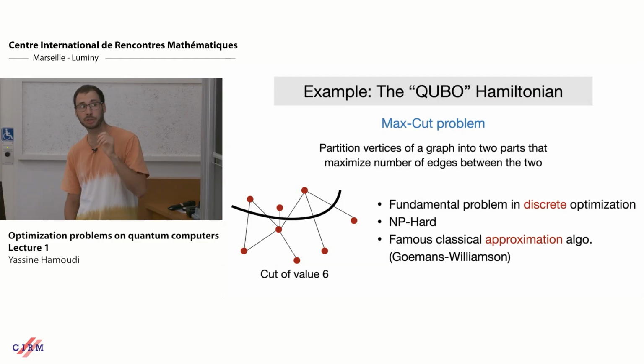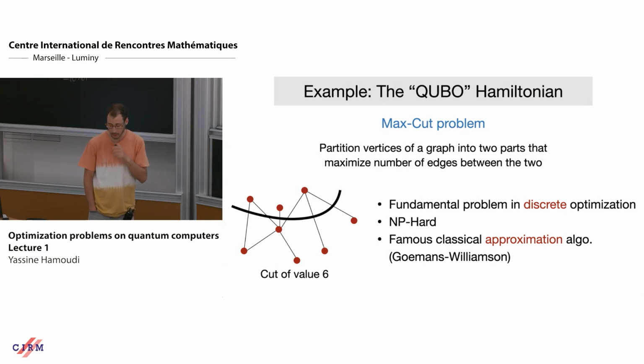I can only encourage you to look at that algorithm because it's a very nice result. And there is a large theory which is built around this approximation complexity of max cut. So people have tried to see if quantum computers may provide better approximation to the max cut problem compared to existing classical algorithms. So how could you solve it using Hamiltonians?